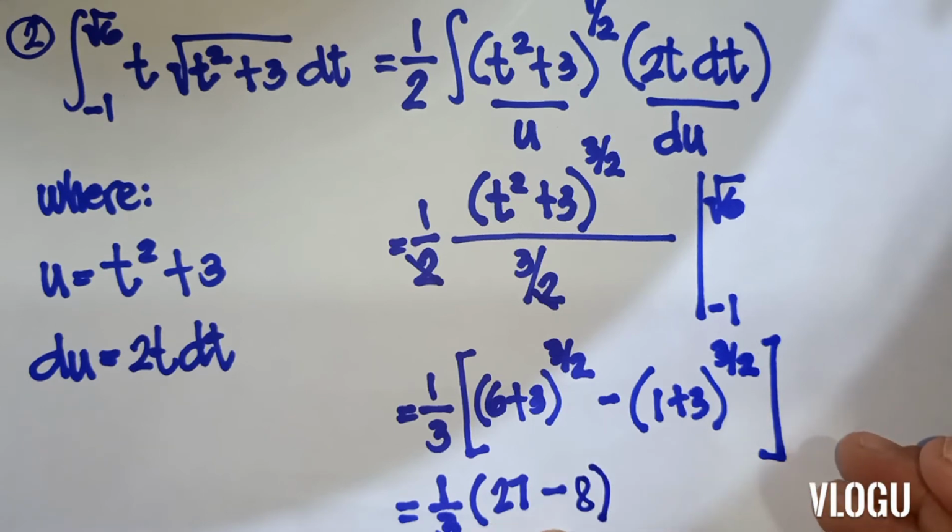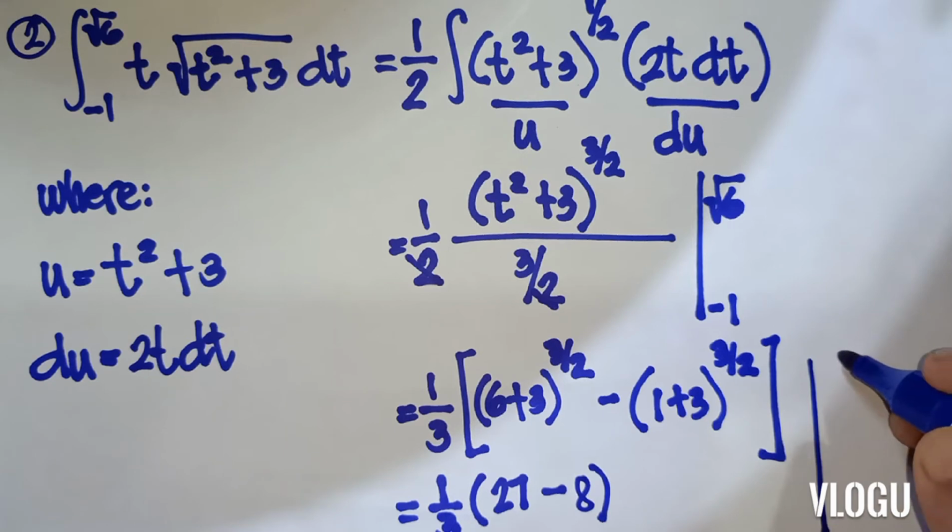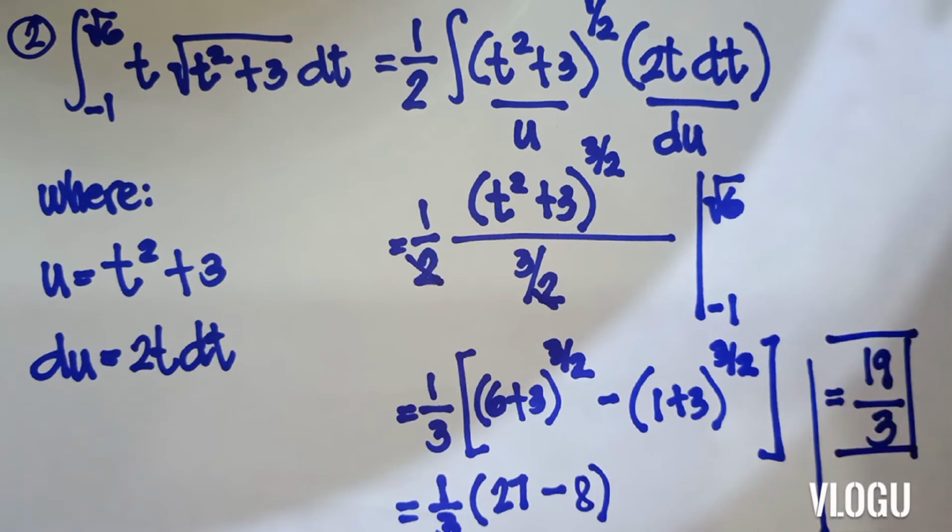So 27 minus 8, that is equal to our final answer here, 19/3. So that is our final answer.